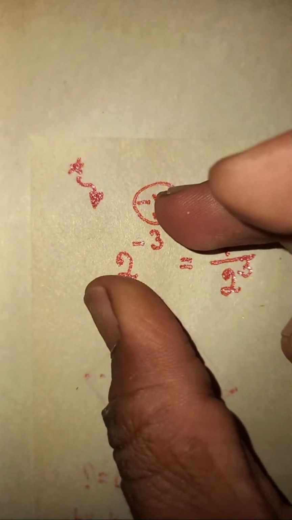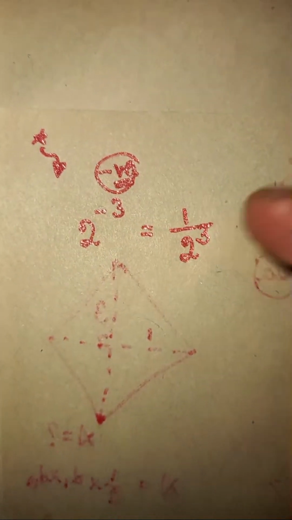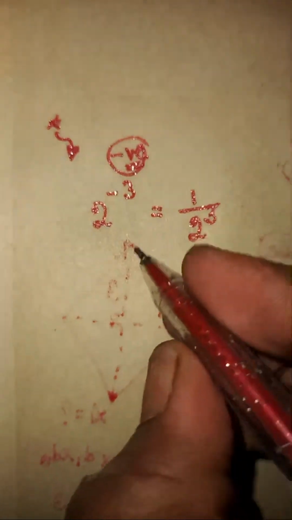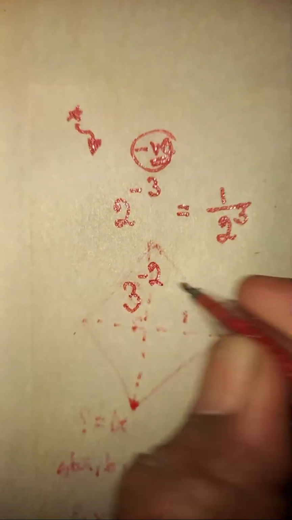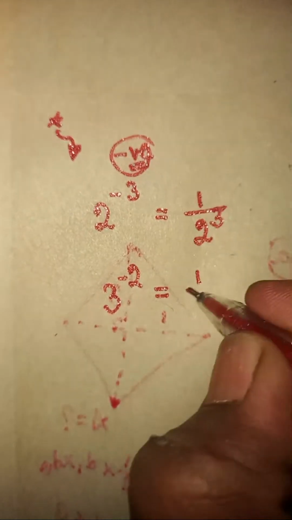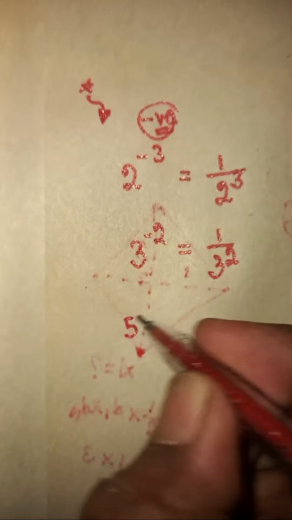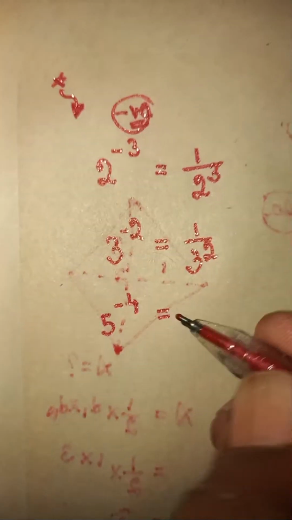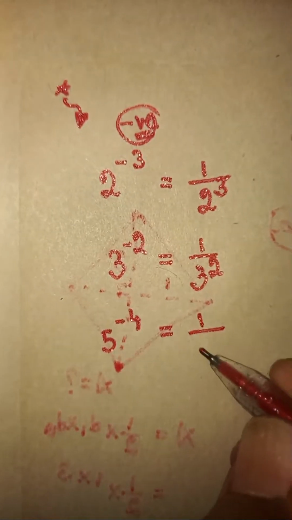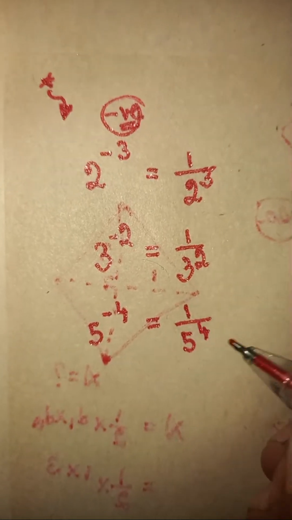It means this complete number with 2 cube comes below, and the negative power becomes a positive power. In the same way, 3 power of minus 2 becomes 1 by 3 square. Like that, 5 power of minus 4 becomes 5 power of 4 in the denominator.